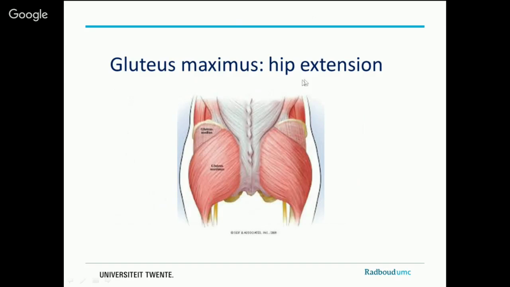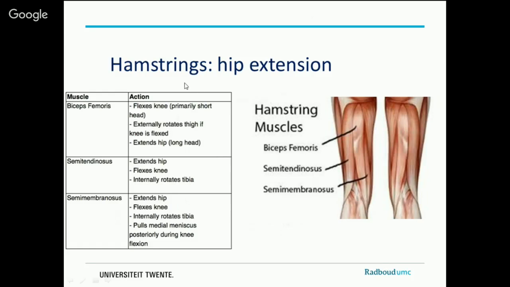Okay, then for hip extension, this is the gluteus maximus on the back side, so you're sitting basically on it, okay? Also very important, but very strong. If you look at hip extension, that is, of course, to make sure that I'm upright, okay?